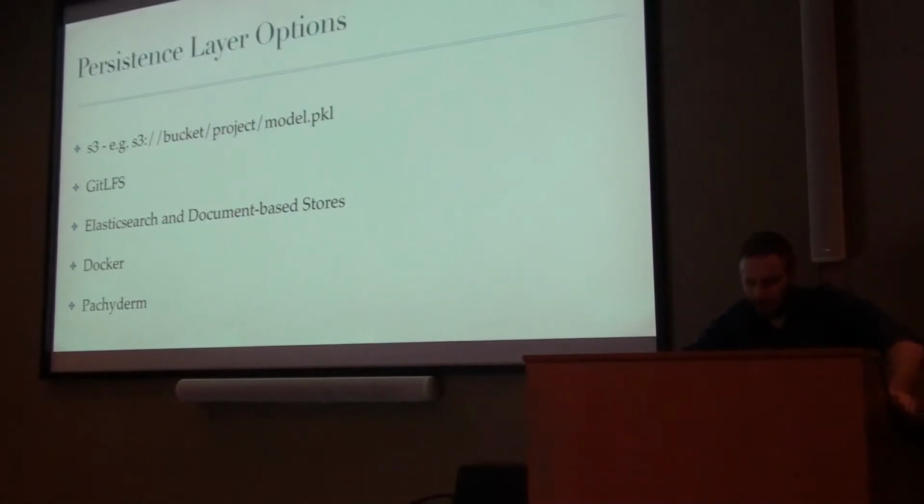And then some other strategies are using Docker and Docker repositories to store both your models and your data sets, and use those repos as a place to pull those images and then work on top of those Docker images. And then there's something else I wanted to point out, called Pachyderm.